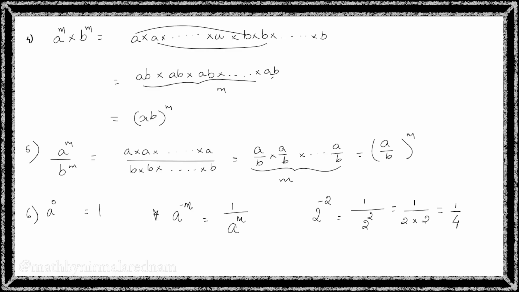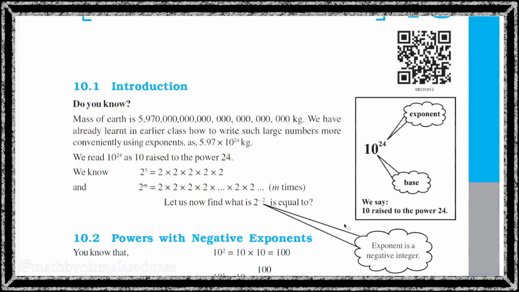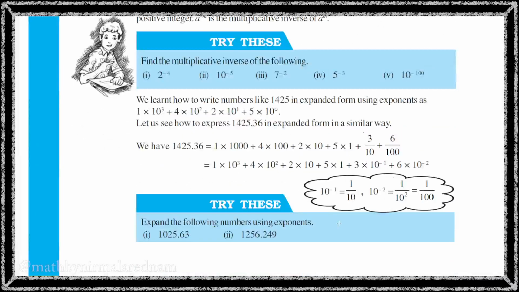So let us quickly look at the sums from the textbook. Let's try these questions. Find the multiplicative inverse of each of these. For example, if you look at 2 power minus 4, what should I multiply this with in order to get 1?